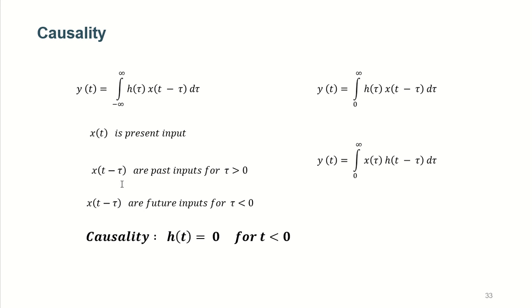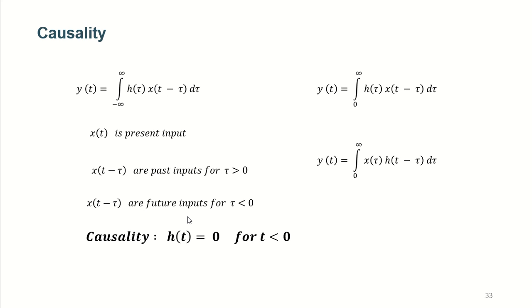So what is x of t plus 1? Your present input is x of t, right? If you go to x of t plus 1, that becomes your future input. So for all the values of tau less than 0, x of t minus tau are future inputs only, right?